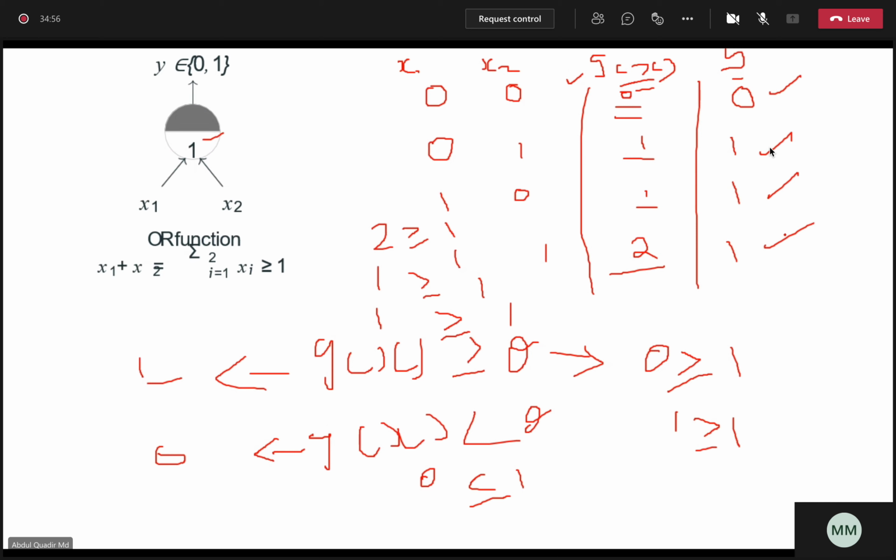Now, what I am trying to tell you here is the OR function of the MP neuron through Boolean gates. When I'm summing x1 plus x2 and it is greater than or equal to 1, it fires. If it is not, it doesn't fire.